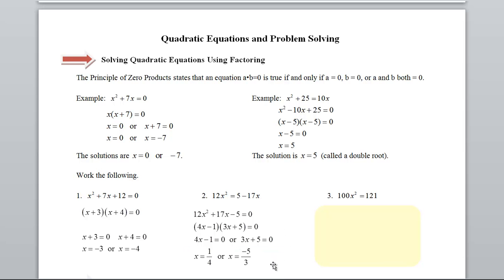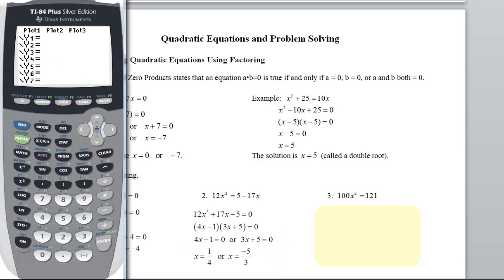So there's those. Let me check that one real quick, or at least check one of those. I'm going to store negative 5/3, so negative 5 divide by 3, storing for x. Now on this one, I always like to go back to the original just in case I do something wrong in my very first step.